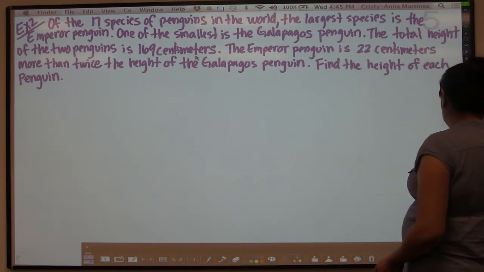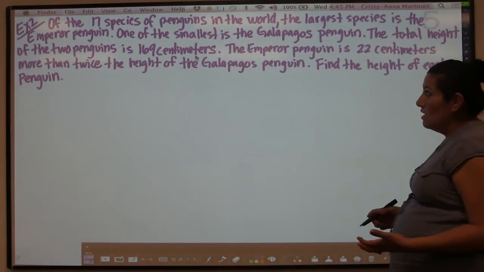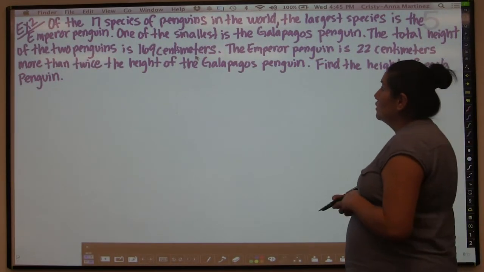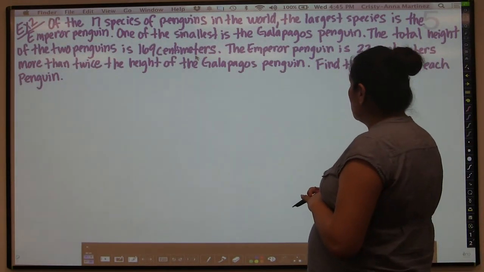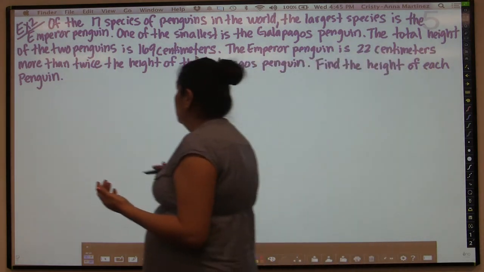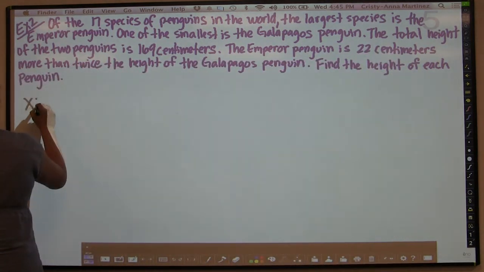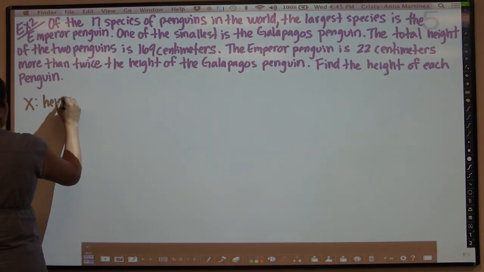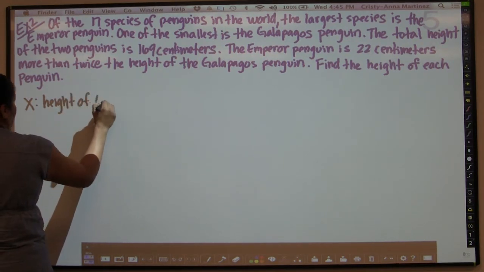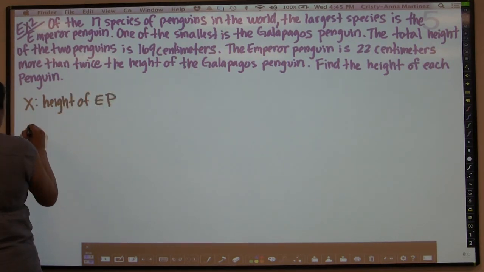So the first thing we have to do here is define some variables, set up a system, and then solve it. So we'll say that x is the height of the emperor penguin. I'm going to use EP to abbreviate there.